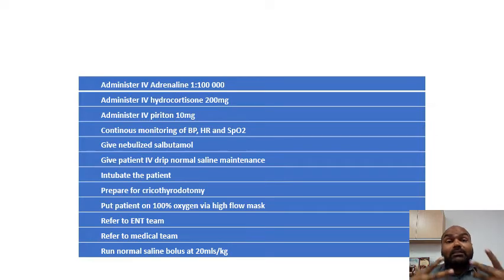But if the patient comes in with skin plus a finding from another system, so you have two systems involved, then we say this is anaphylaxis.